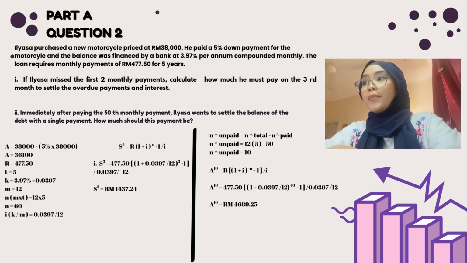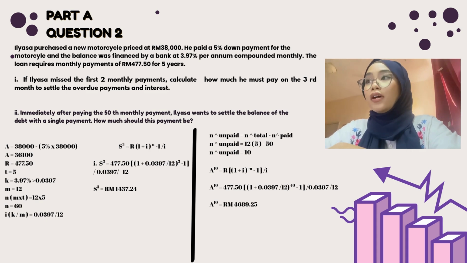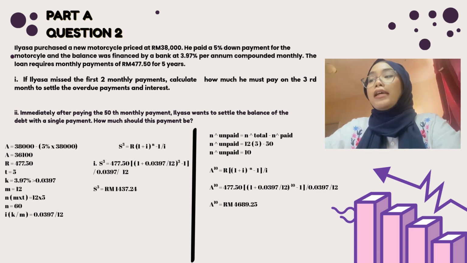0.0033083. So the formula becomes S superscript 3 equals 477.50 multiplied by bracket 1 plus 0.0397 divided by 12 power 3 minus 1 all over 0.0397 divided by 12. When we calculate this step by step, first 0.0397 divided by 12 equals 0.0033083.